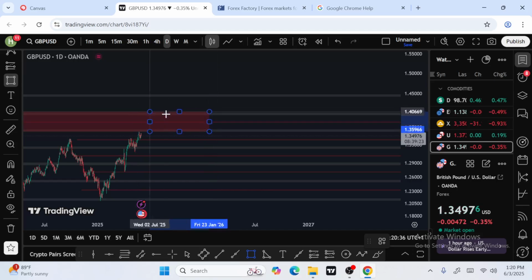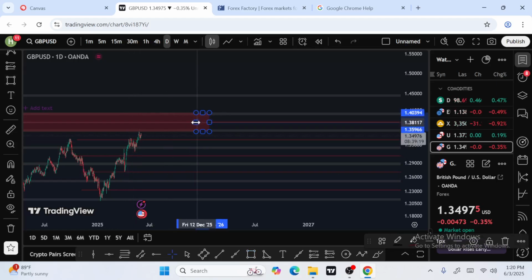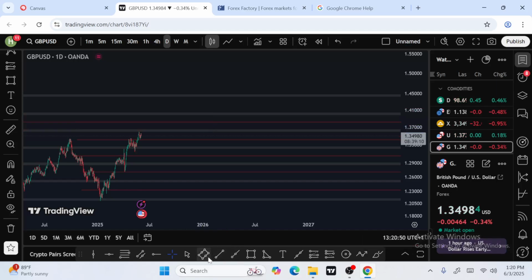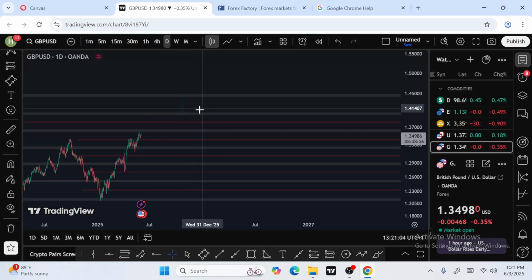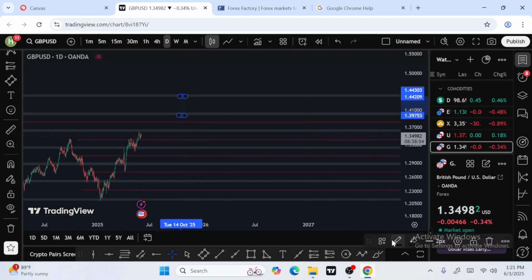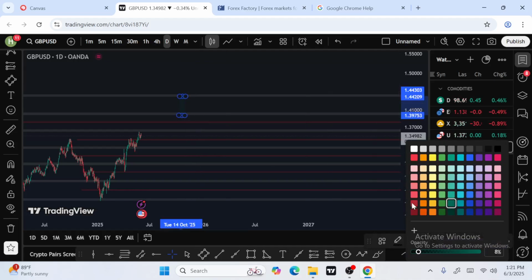What was going on? Wait, something is wrong. From this point to this point. Okay. Then it has to go. Let me change the color so I can see it clearly.